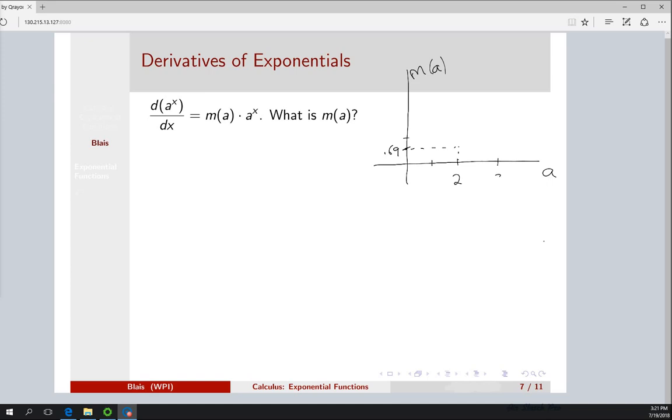If you plug in 3, you get something above 1, and the key number here is 1. That's what we're interested in. So if the derivative of a to the x with respect to x is some number times the original a to the x, a really cool situation is, what's the a where this is 1?